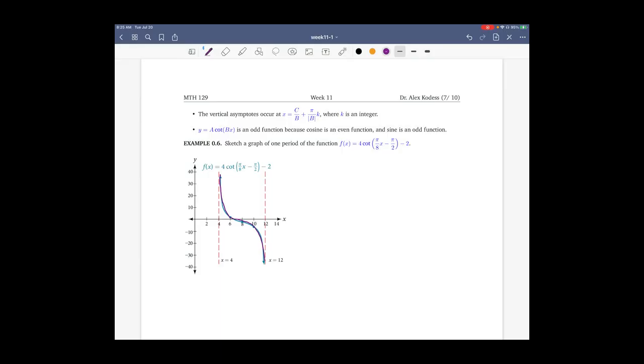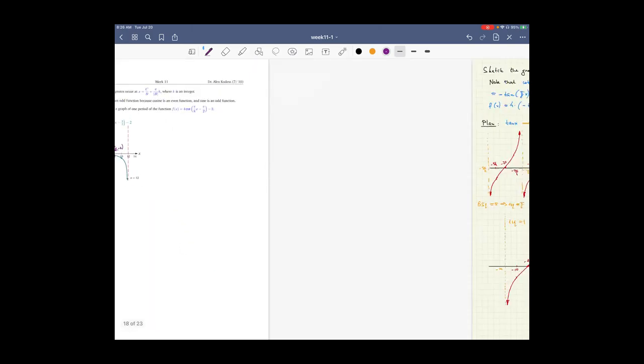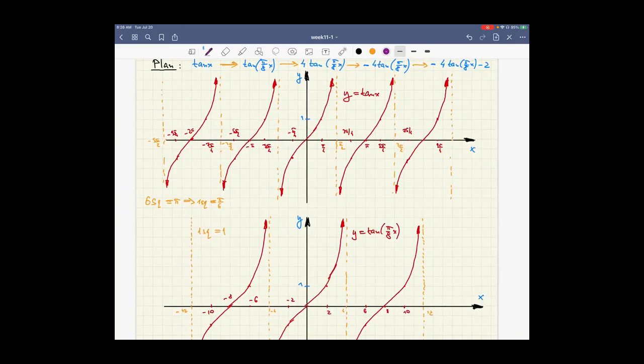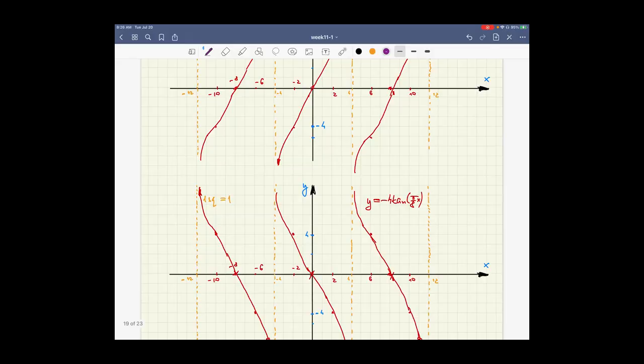Note, of course, that the scale in this picture is different. For instance, this point here is 8, -2. This point here is, let's see, 6, 4.